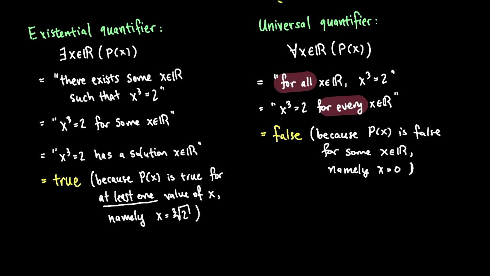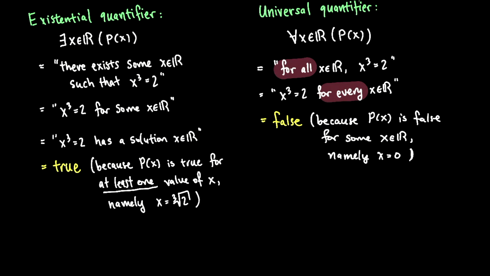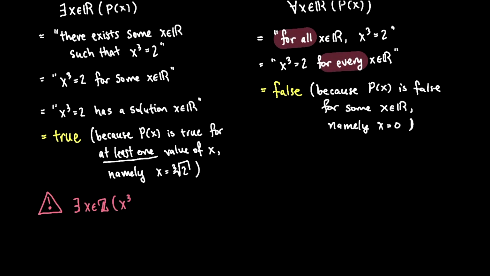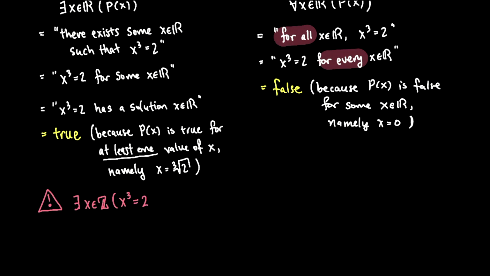Now, one thing I want to point out is that it actually matters if I say that I'm quantifying over the real numbers. If I quantify over the integers, for example, so this is just a little warning, if I said something like there exists an integer x such that x cubed equals 2, well, then this statement's actually false.